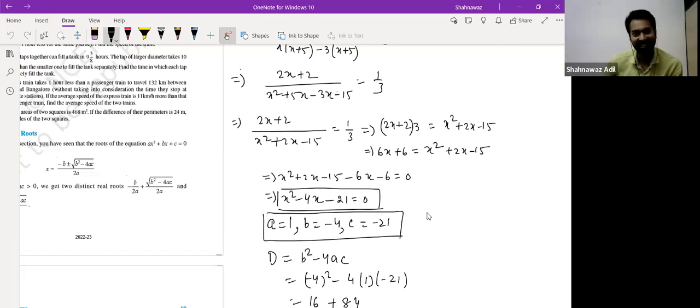In my previous school, my teacher told me which method to use in which question. Whatever method he has used, you have to use that method. I don't know about this school because I'm new.